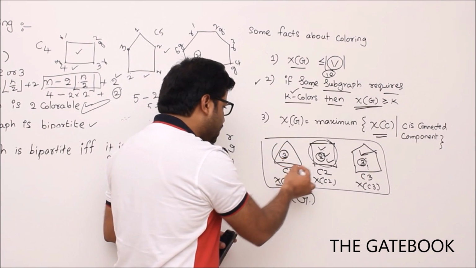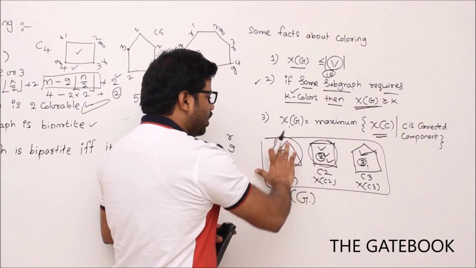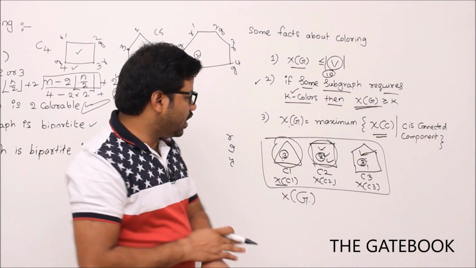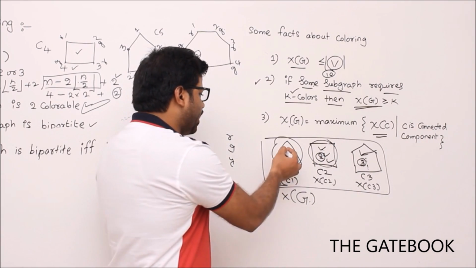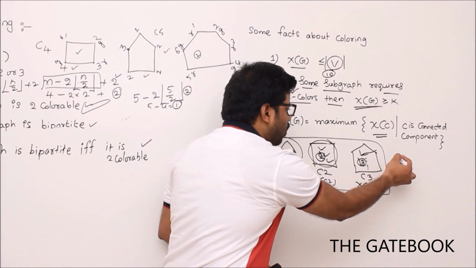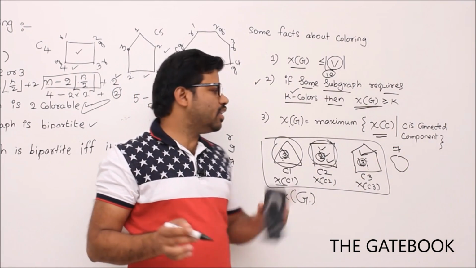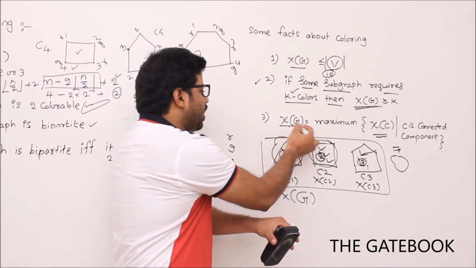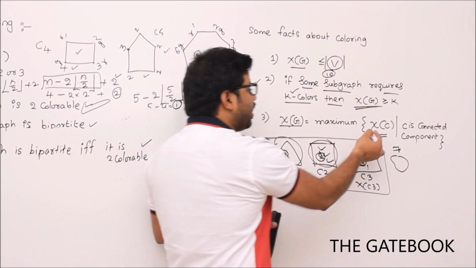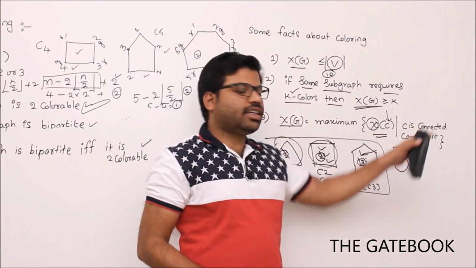Similarly, I can color this graph independently without looking at these vertices, because there is no connectivity between this component and the other components. So if you have 3 colors, happily we can color this one, this one, this one. Example, let's say there is one more component which requires 7, then overall you require only 7 colors. That is what this statement says. Finally, the chromatic number of the overall graph is the maximum of the chromatic numbers of the individual components, where C is a connected component.